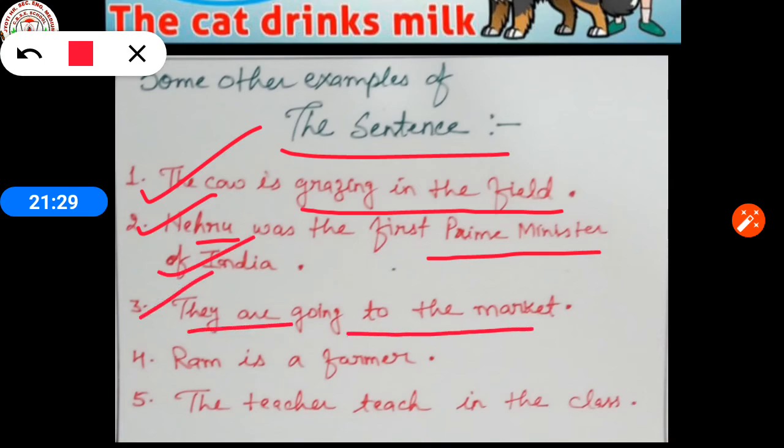They are going to the market. Ram is a farmer. The teacher teaches in the class. In these sentences the words are properly arranged. That's why we can say these are sentences.